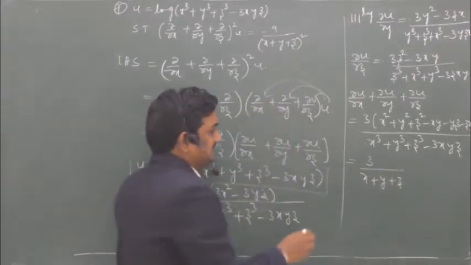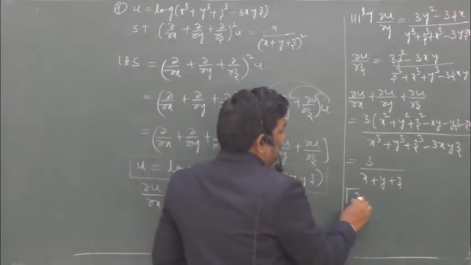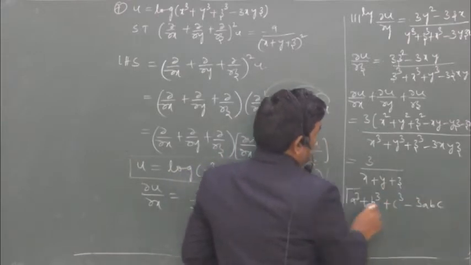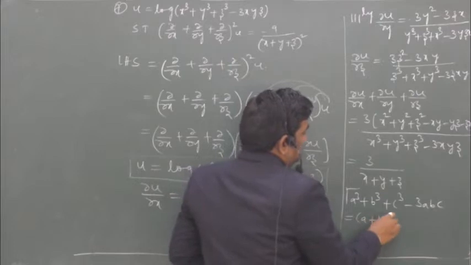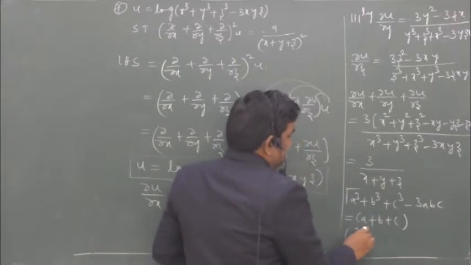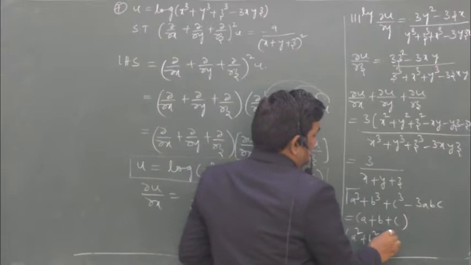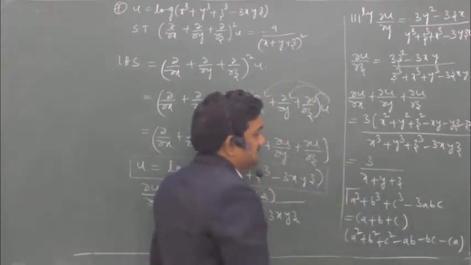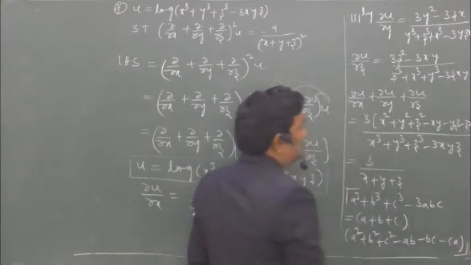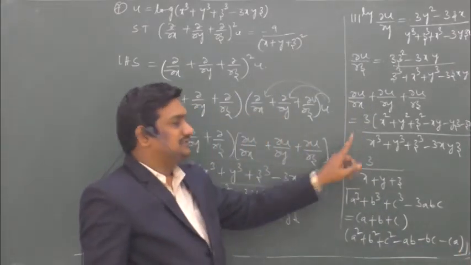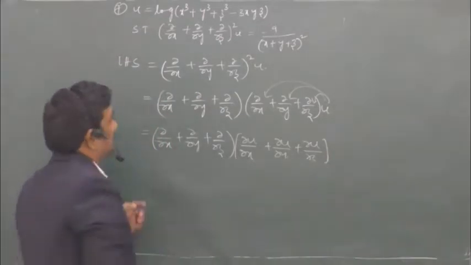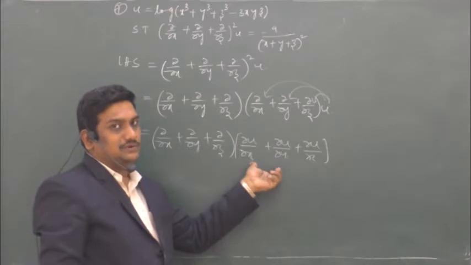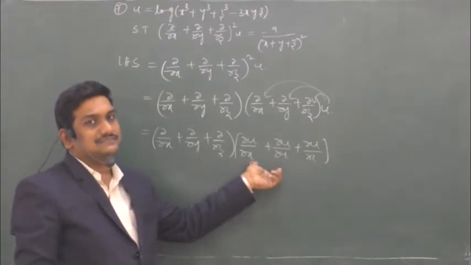So by using this formula, this term is simplified into 3 by (x plus y plus z). So we have obtained ∂u/∂x plus ∂u/∂y plus ∂u/∂z is 3 by (x plus y plus z).